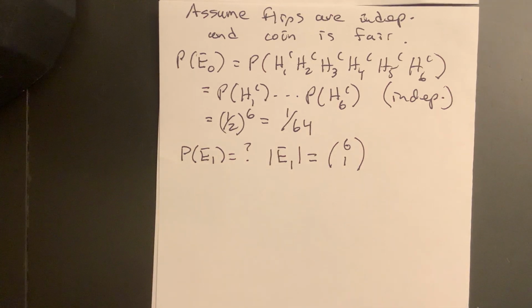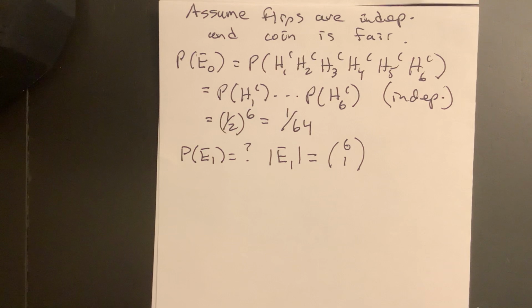There are 6 outcomes with one head, and each one has the same probability.